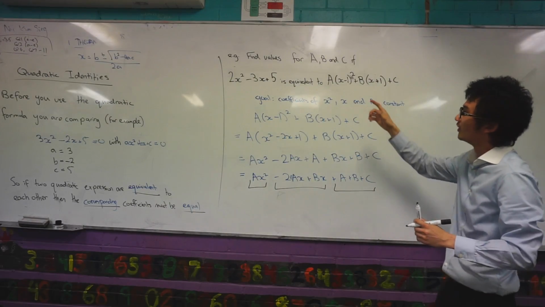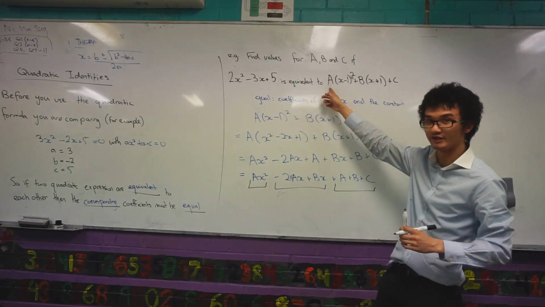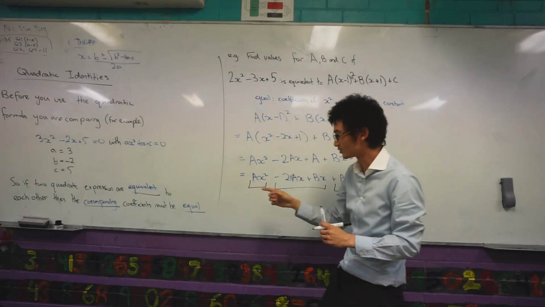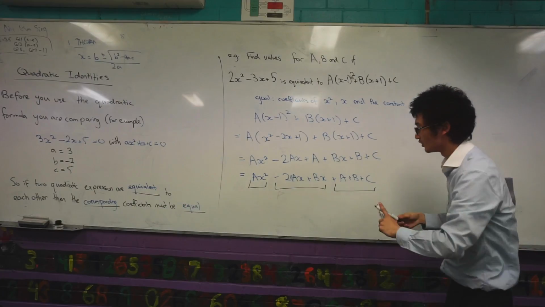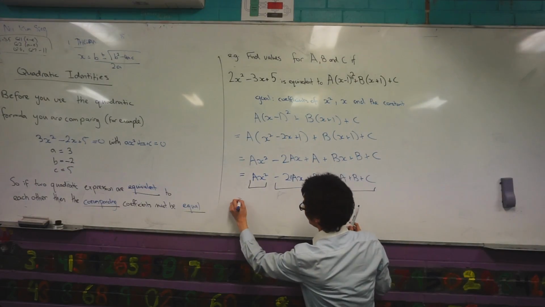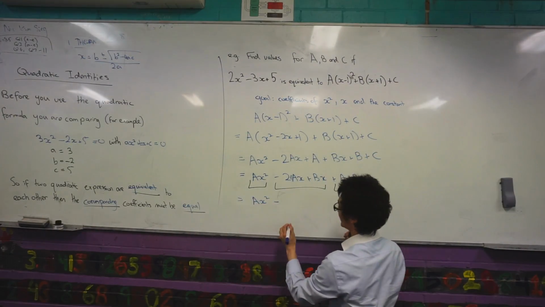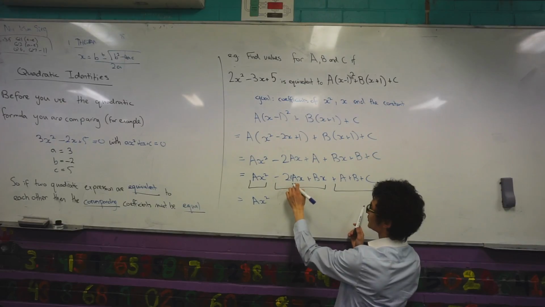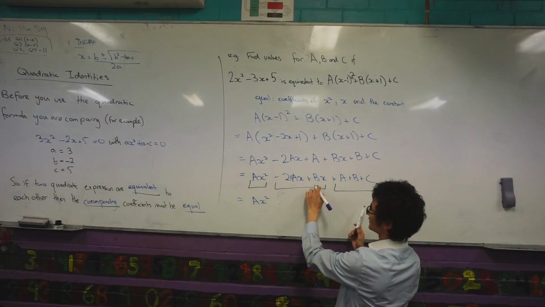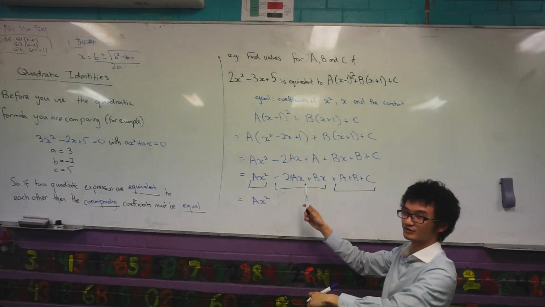So, remember, come back to this idea. If two quadratic expressions are equivalent, which we know they are, they've told us, then the corresponding coefficients must be equal. So I can say now, this is going to be a bit easier. I can say, well, ax squared, I already know that, I can write by itself. This minus 2ax plus bx, I'm not really sure what's the coefficient of x, because I've got these two x terms.